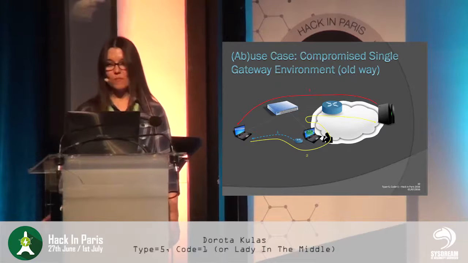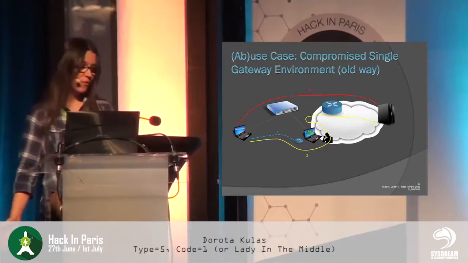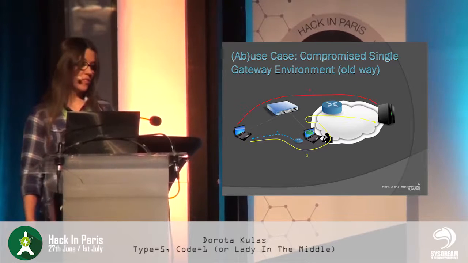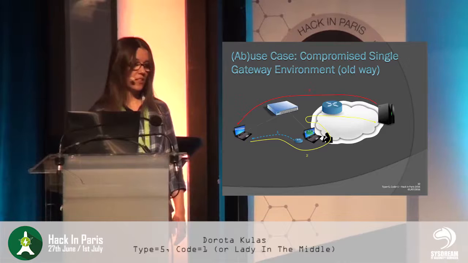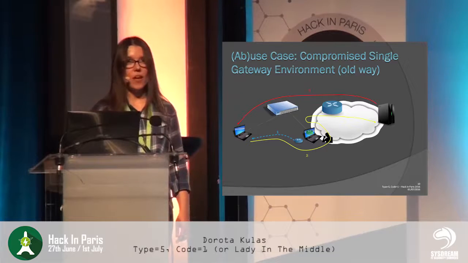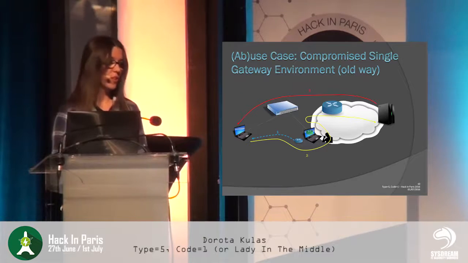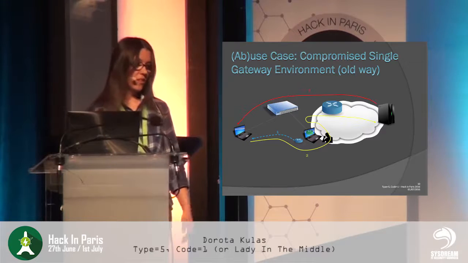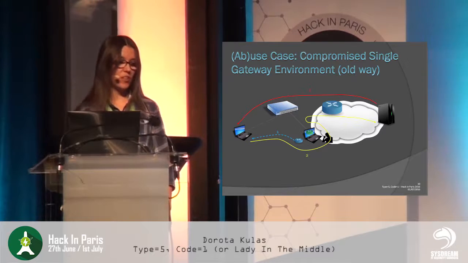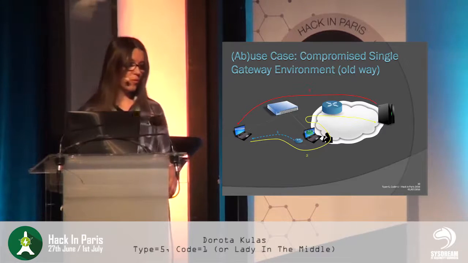Some really creative people thought that we could abuse that functionality. How about we send an ICMP redirect message to the user, claiming that we are this blue router?